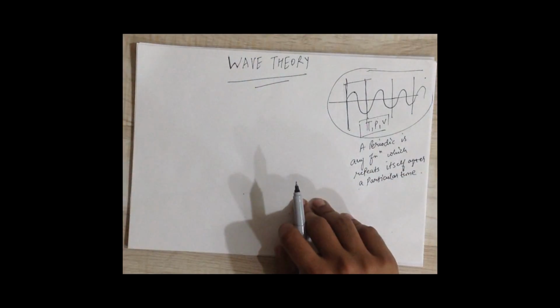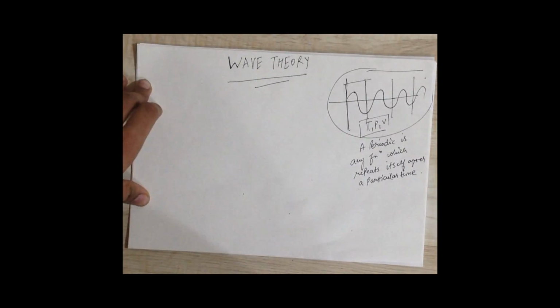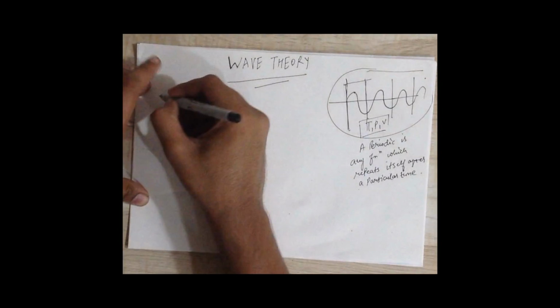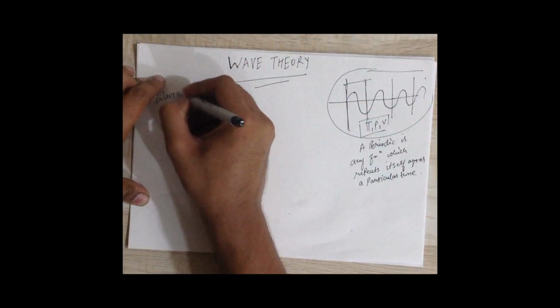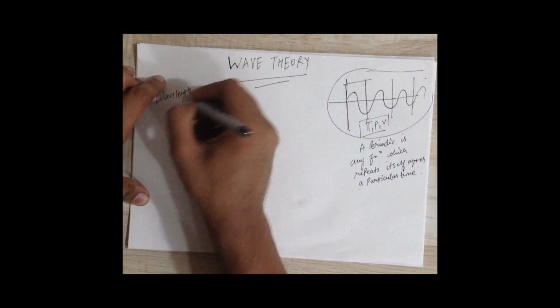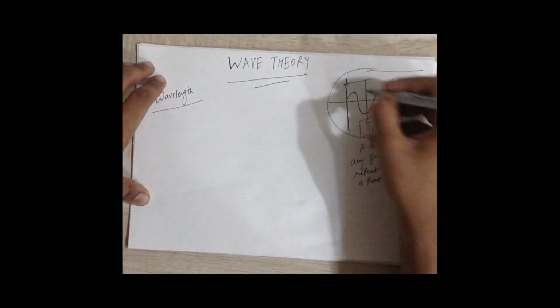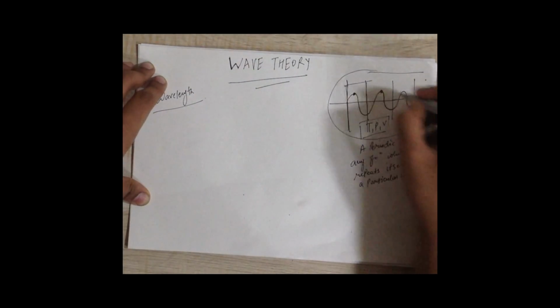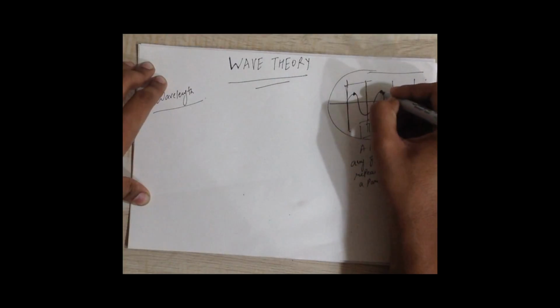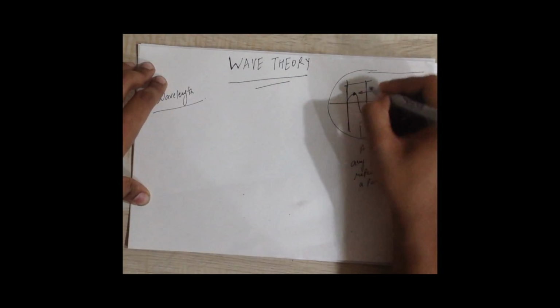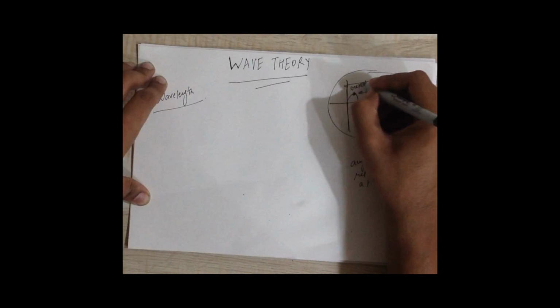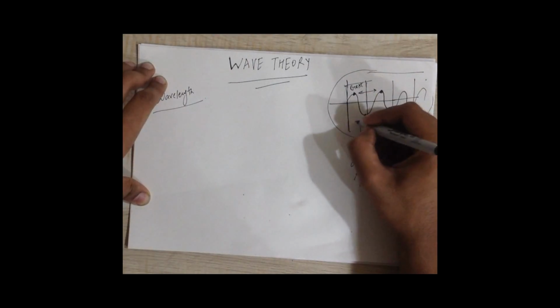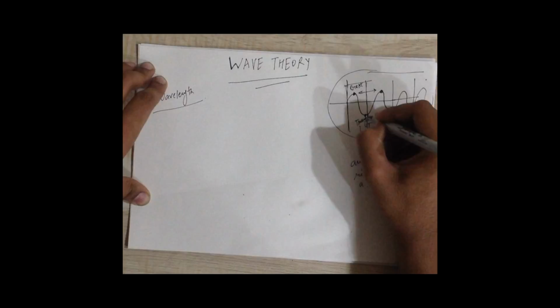Now let us look upon some important terms that are used in a wave. The first term is the wavelength. Before understanding wavelength, let us know some points that occur in a wave. The highest point in a wave is known as the crest, and the lowermost point in a wave is known as the trough.